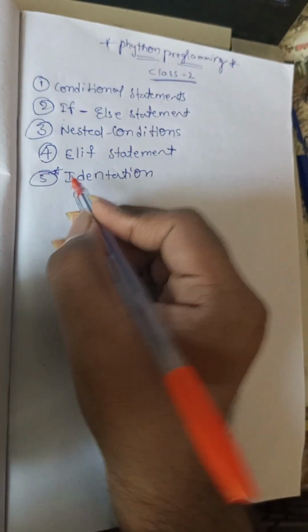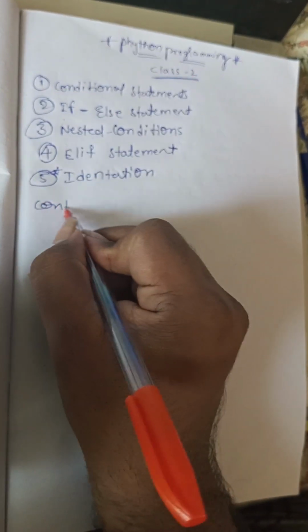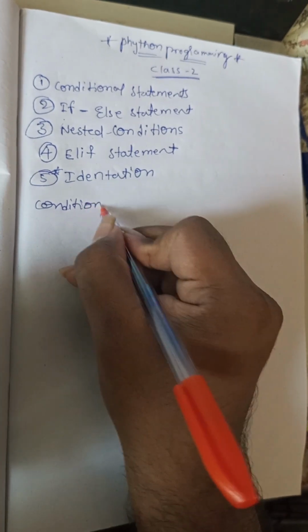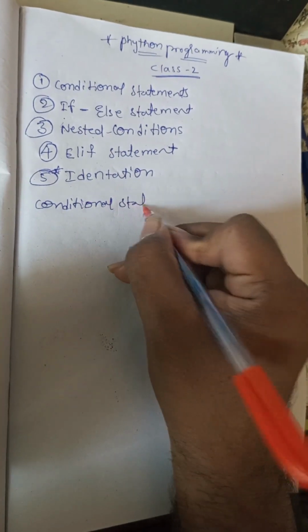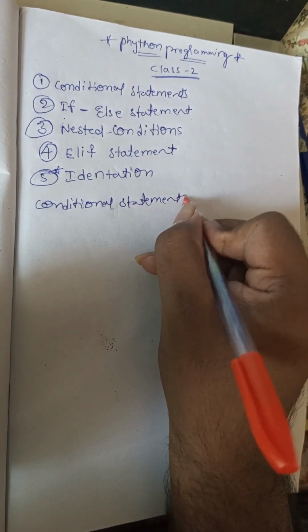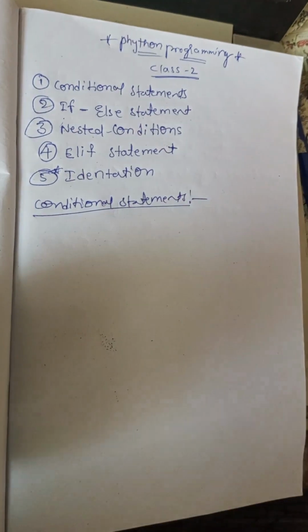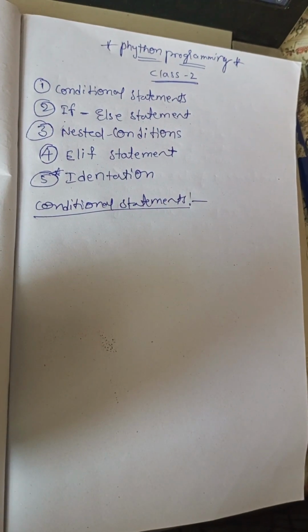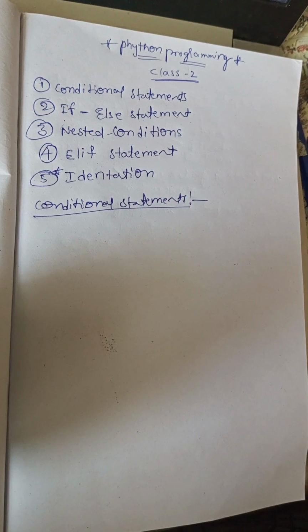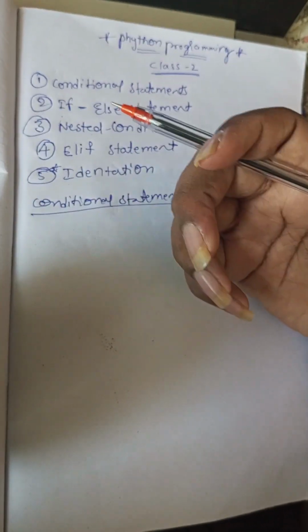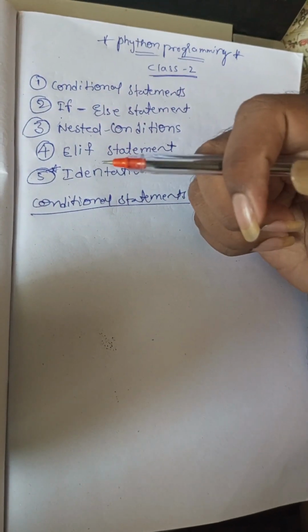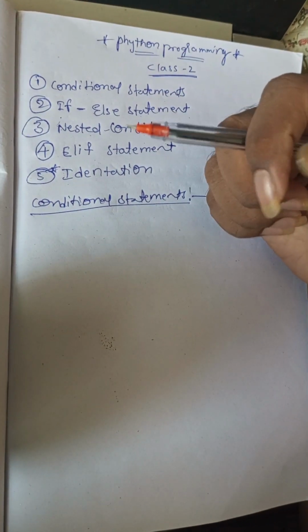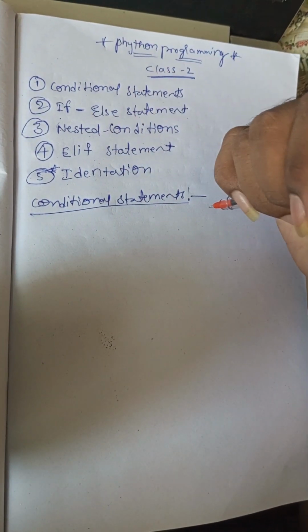Coming to conditional statement, what is conditional statement? In the sense, a block of code, a sequence of instructions, that execute the Python code in a sequence is known as conditional statements.